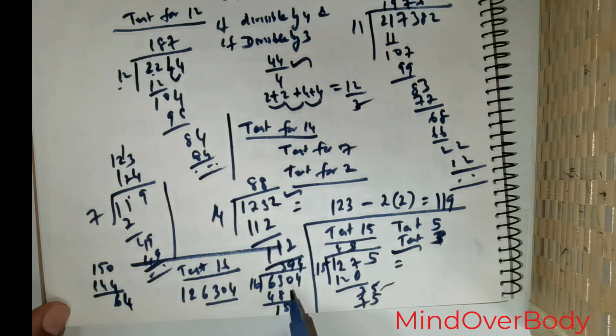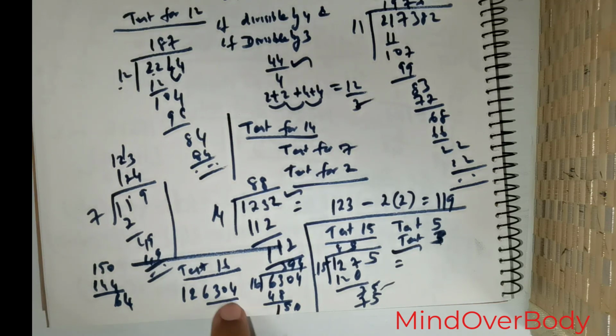So clearly 4 times. So the last 4 digits clearly show that the test for 16 is satisfied. That would mean 126304 is also divisible by 16.